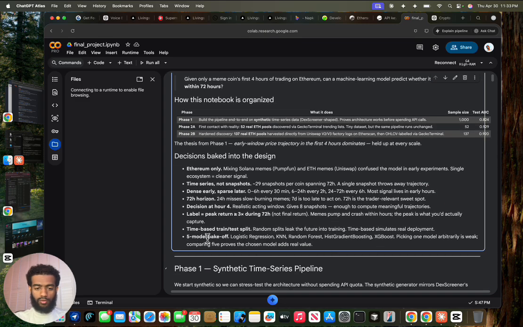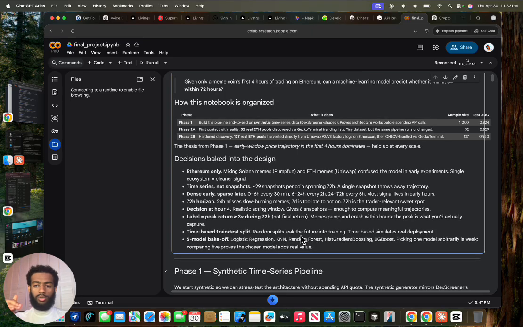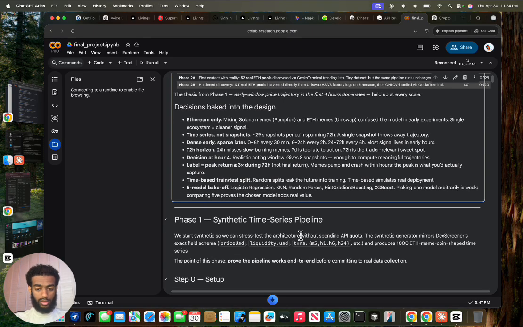The 5 models that we're using are logistic regression, KNN, random forest, gradient boosting, and XGBoost. Let's see which one of these would pair well with cryptocurrency, because keep in mind, stocks are different from the crypto market. The way that crypto markets move is very surprising, very unpredictable. So I was in for a surprise just looking at these.